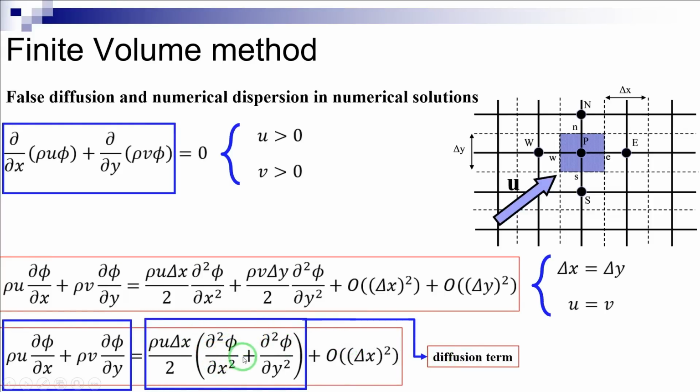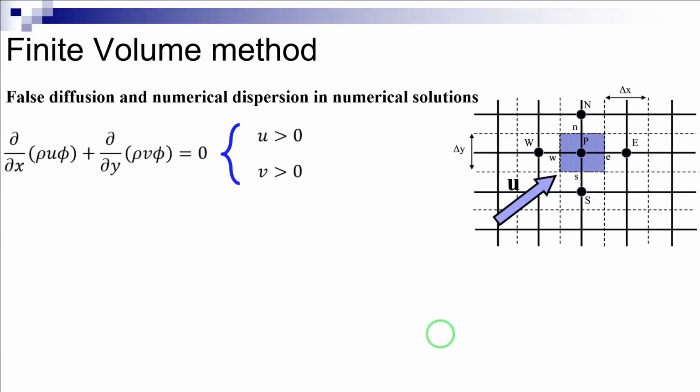This phenomenon is called the false diffusion, which is also called numerical viscosity in momentum equations. The false diffusion coefficient in the Upwind scheme is proportional to the size of the grid delta x. Therefore, by refining the grid, its effect is also reduced, but it never disappears.